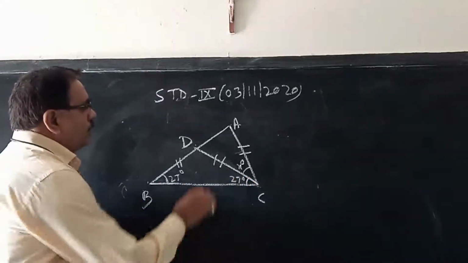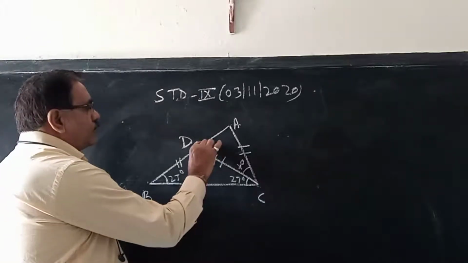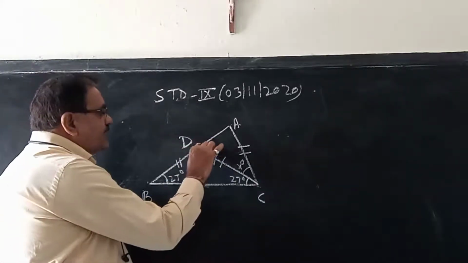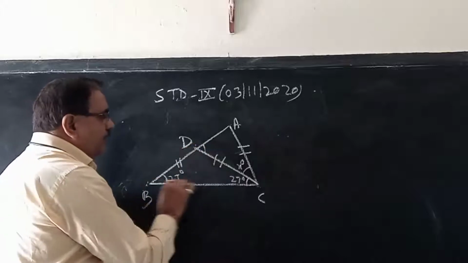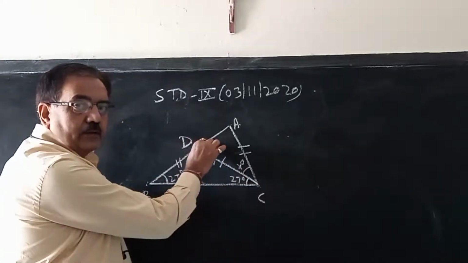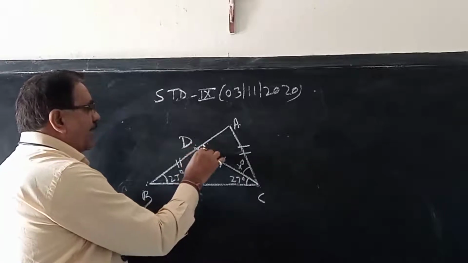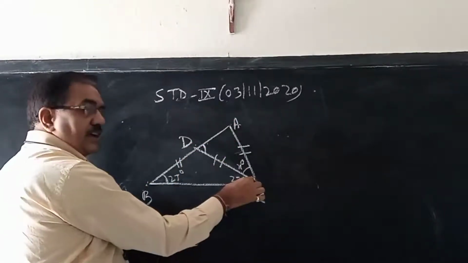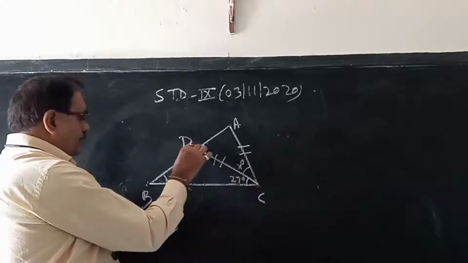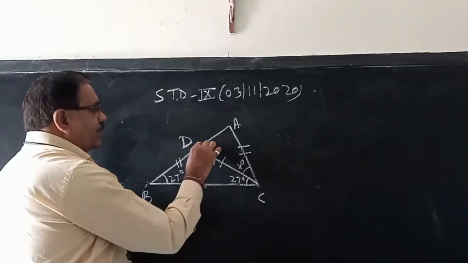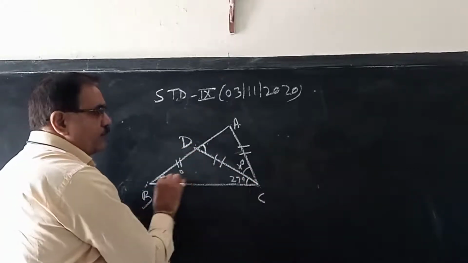Right. Now, what is the magnitude of this angle? This is the exterior angle for the triangle DBC. Is it exterior or not? Yes, ADC is the exterior angle for the triangle DBC. So the exterior angle will be equal to the sum of the opposite angles.